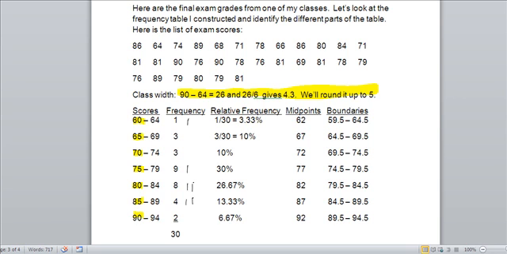And then once you have the tally marks, you simply count how many you have, and that's how I came up with the frequencies that are listed here. Notice I added the numbers to check and see. There were 30 exam grades.